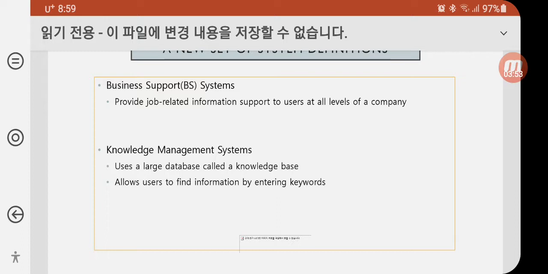A knowledge management system uses a large database called a knowledge base, and allows users to find information by entering keywords. A KMS uses inference rules, which are logical rules that identify data patterns and relationships.